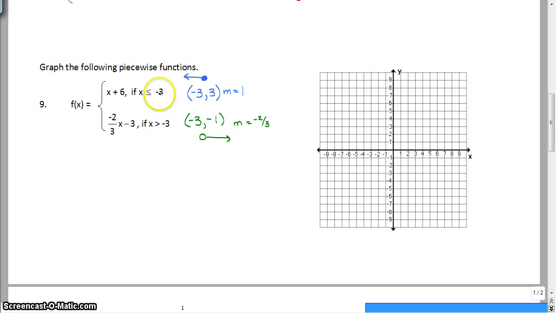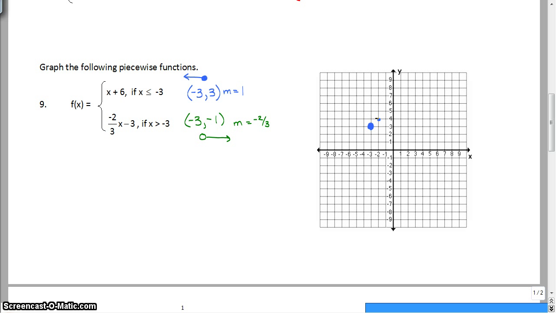The reason why you substitute this in to here is so you can get your starting point, which we found is negative 3, 3, and it is a solid dot. Now this is the part where you need to be careful. You're very trained with slope of 1 to just go up 1 and right 1 because it's a positive slope.